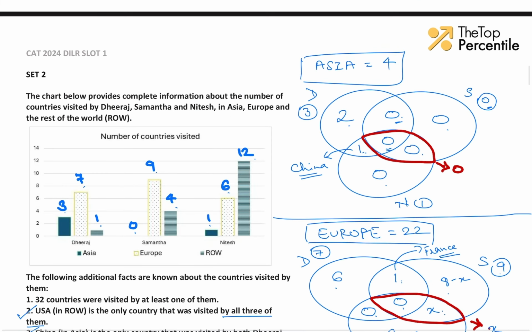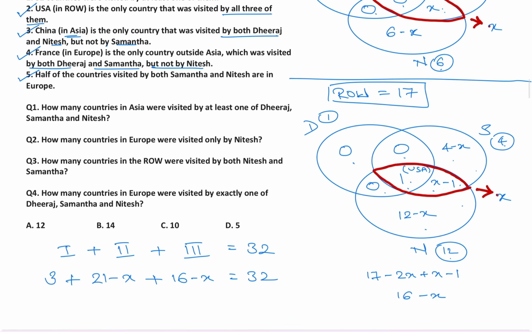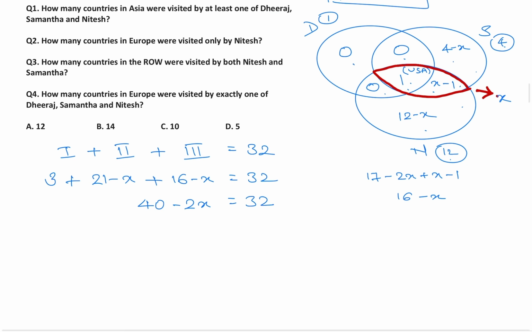The total number of countries they will visit is 2 plus 1 plus everything is 0, so this will be 3. Okay, so what I'll have here is 24 plus 16, this will be 40 minus 2x, this will be 32, this will be 2x equals to 8, and x will be 4.